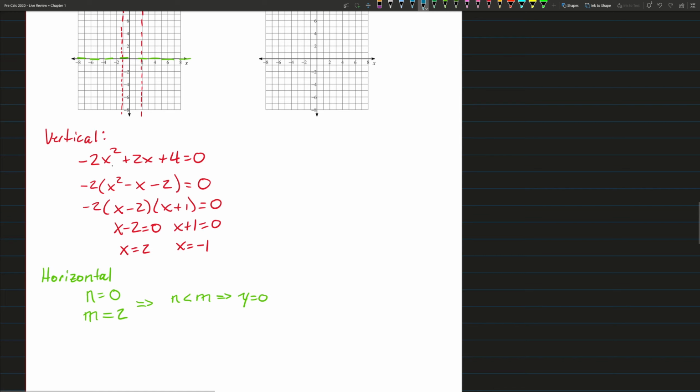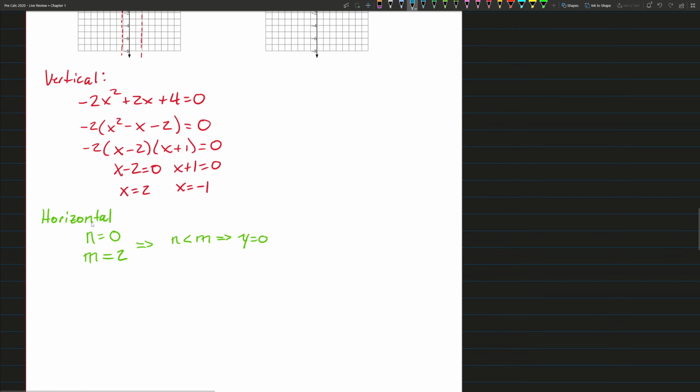Okay, so we need to test to the left. So we need to test right somewhere around here. We need to test in between the 2 red dotted lines, and then we need to test to the right. Okay, so let's test to the left first. So if we plug negative 2 in, we get 1 over negative 2 times negative 2 squared plus 2 times negative 2 plus 4.